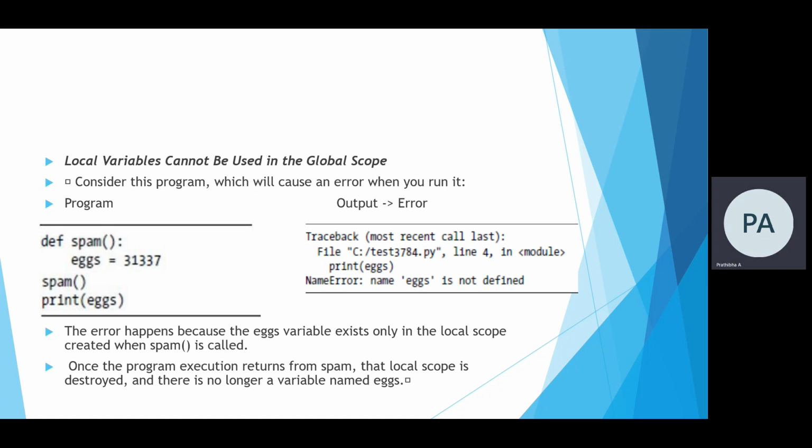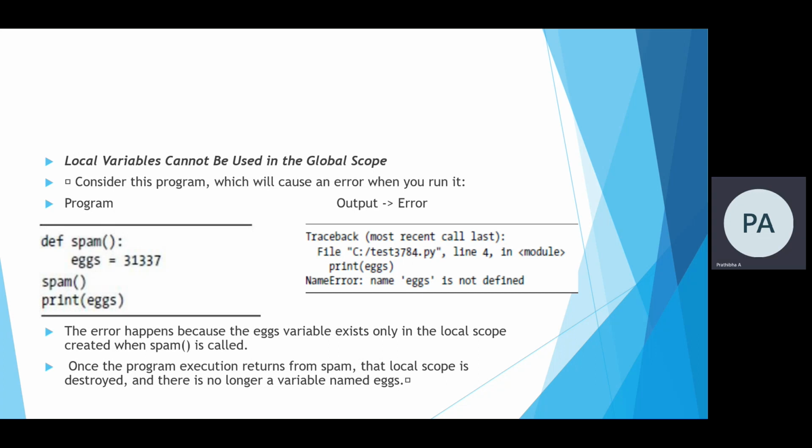Consider this program. Here we see def spam(). So now spam is a function. In that we have a statement x equals some value, which we are assigning. When we call the spam function, you will get an error message.